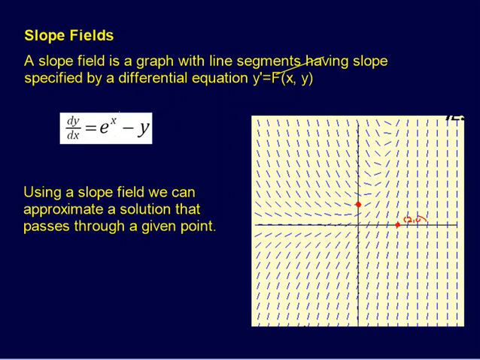And so the other thing I'd be able to tell pretty quickly is this e to the x is going to have quite a bit to do with the slope as I move to the right. So like e to the 3 and e to the 4 become very large. So all of these points that have large x values have very, very steep positive slopes.